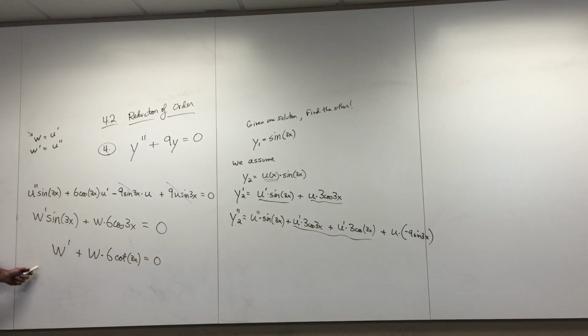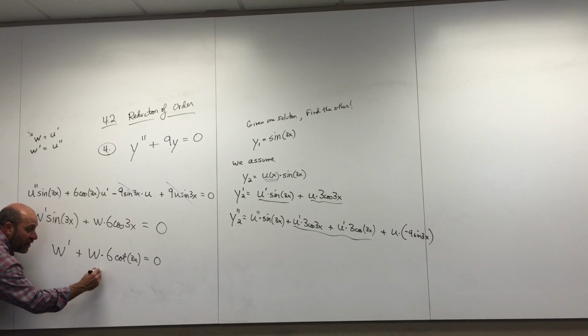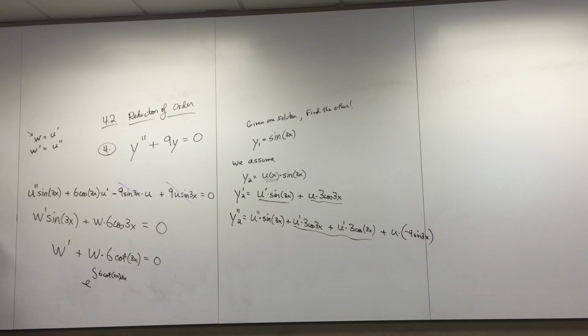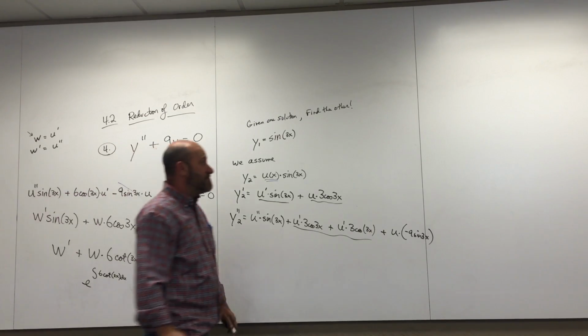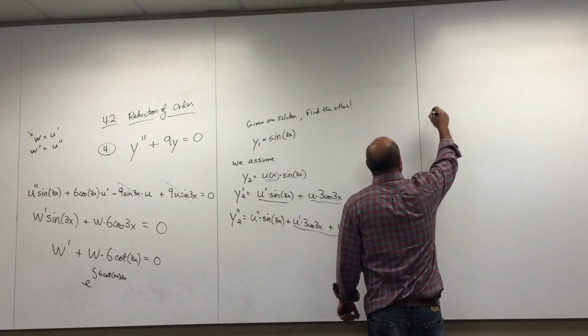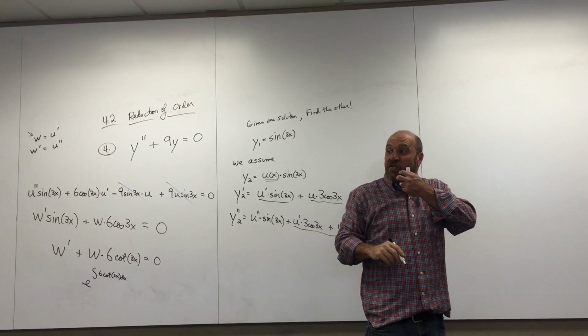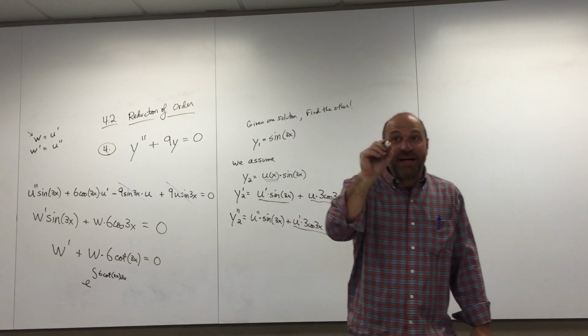All right. Now, what do I want to do? The integrating factor is e to the integral of 6 cotangent 3x. What is the integral of cotangent? The integral of tan is negative ln cosine.